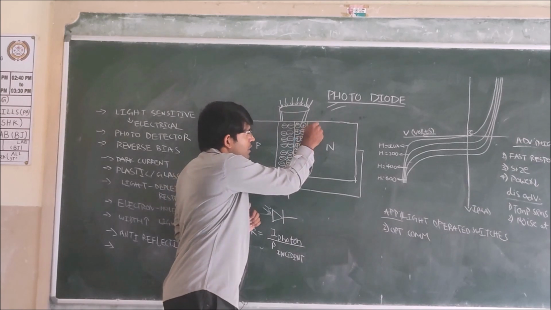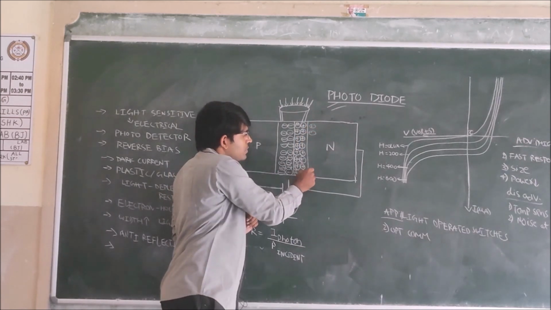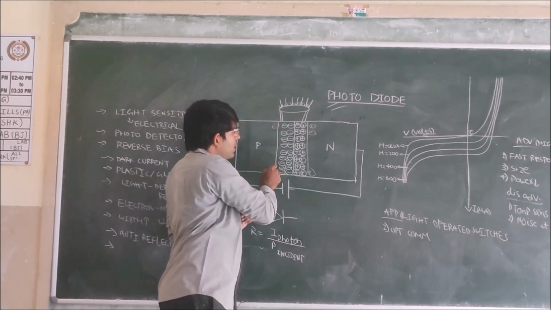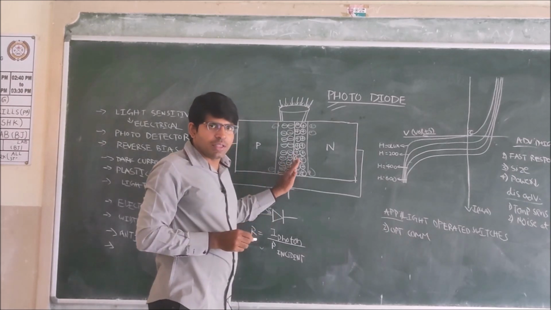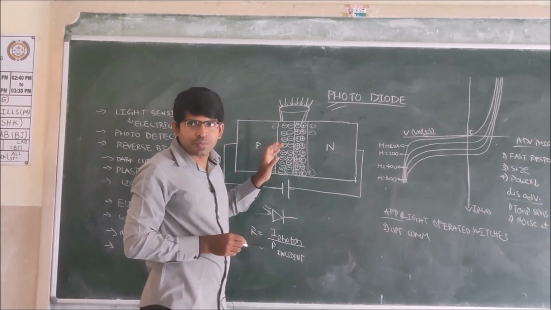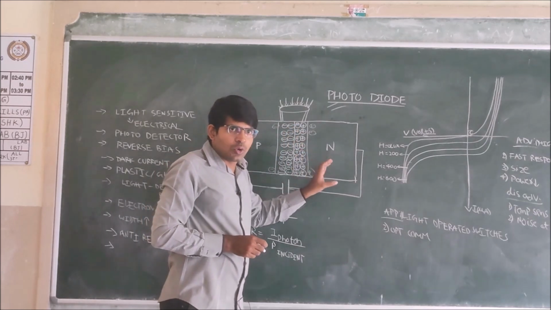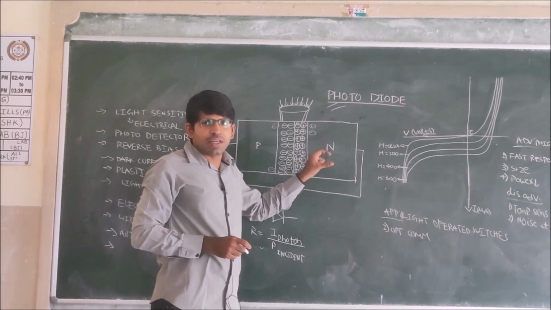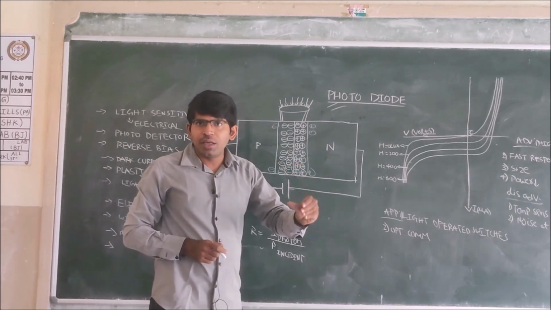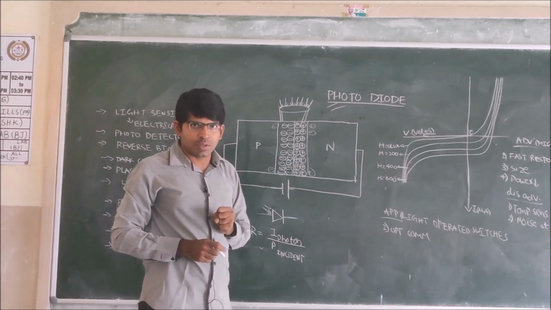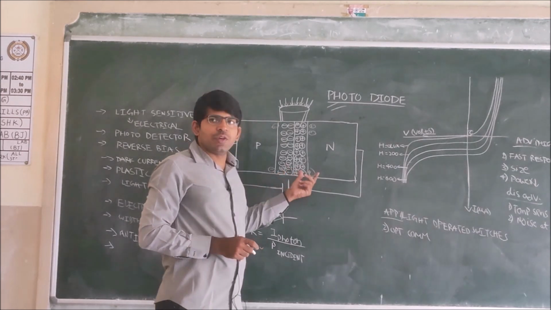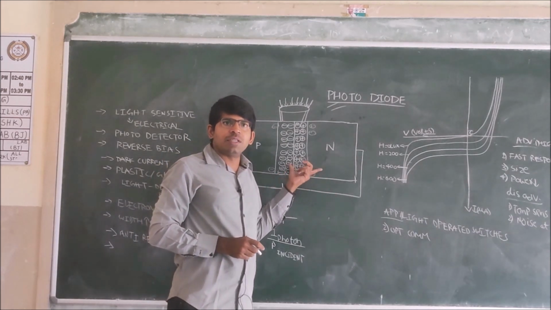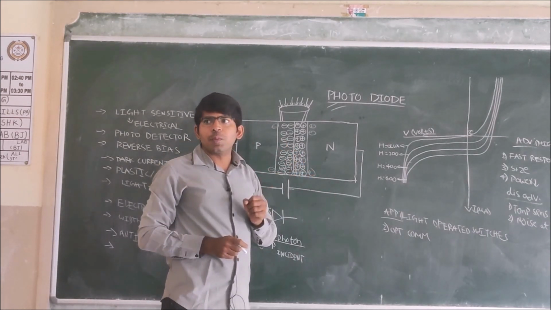Because of that, the depletion region width increases, and similarly the depletion region width increases on the P side also. The more voltage we increase, the wider the depletion region becomes.